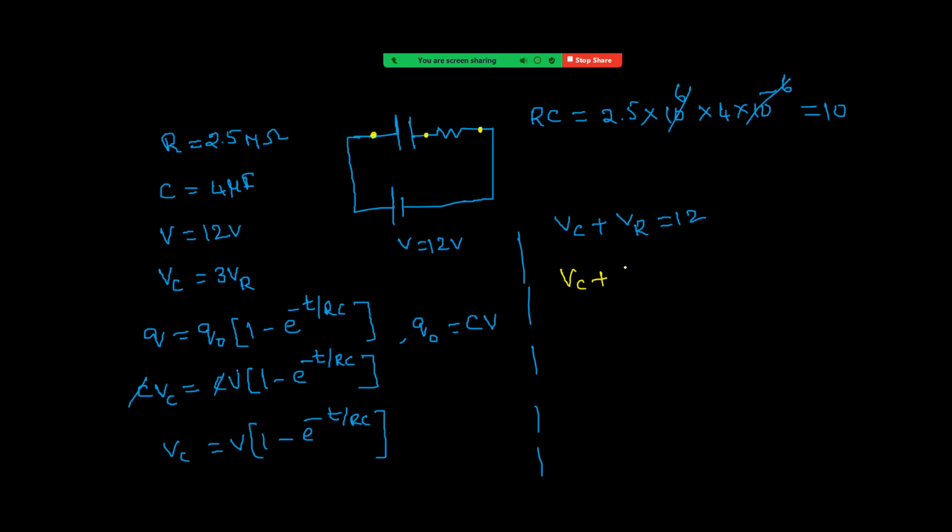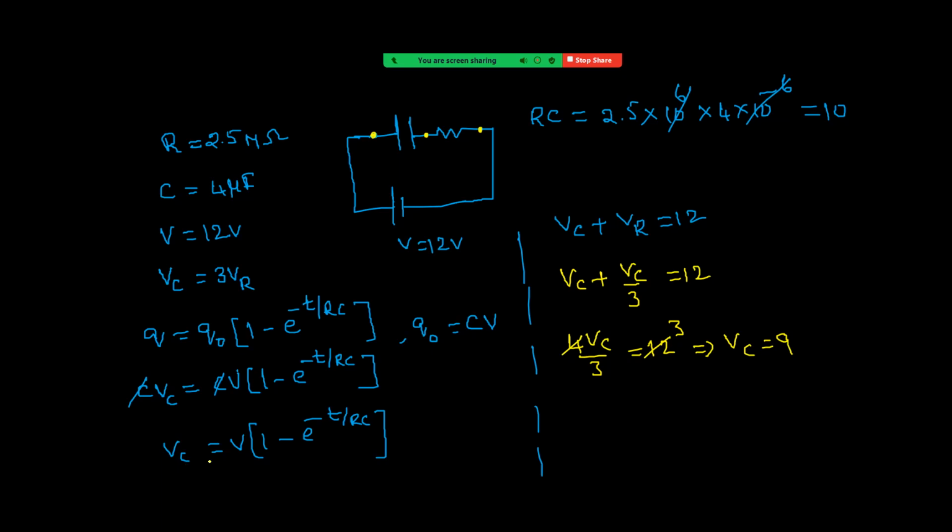In the place of VR, we can write VC by 3. That is the given condition, and that is equal to 12. So it is now 3 plus 1, 4. 4 VC by 3 is equal to 12. So 12 divided by 4 is 3, times 3, which implies VC value is 9.